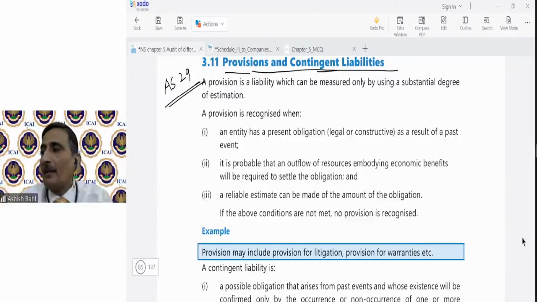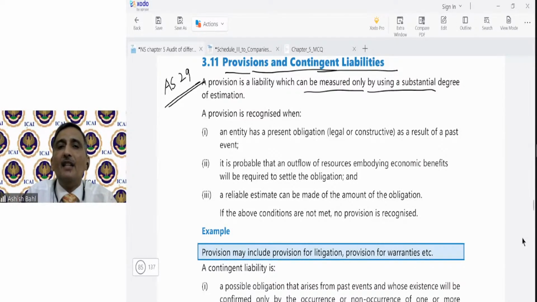So जितना भी समझ में आए आप उतना understand करें. So what is a provision, students, and what is a contingent liability, and what is the difference between the two. If this is clear to us, then our basic understanding is done. So what is a provision? A provision is a liability which can be measured only by using a substantial degree of estimation.